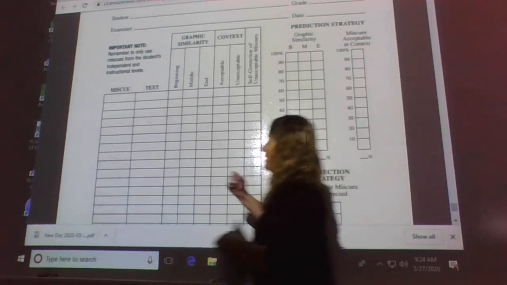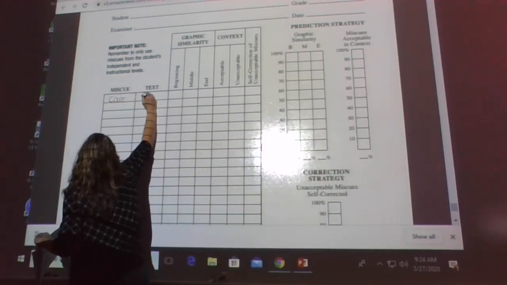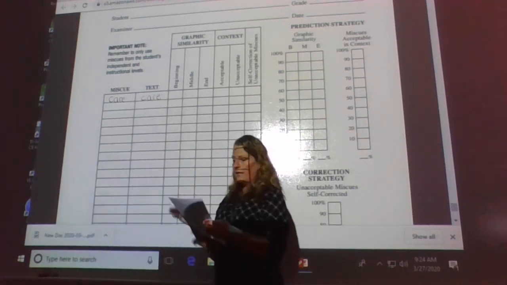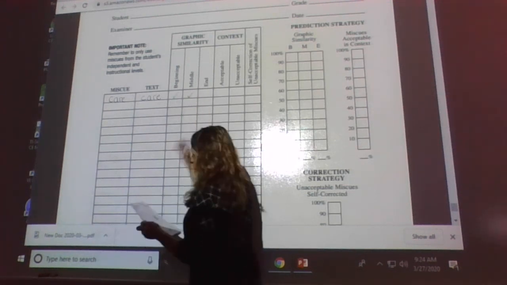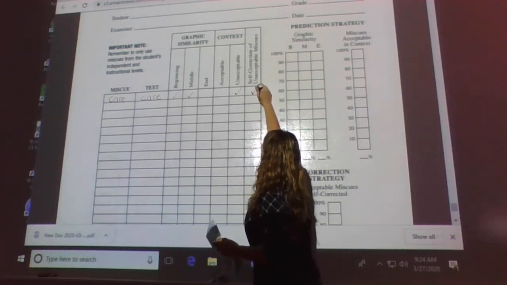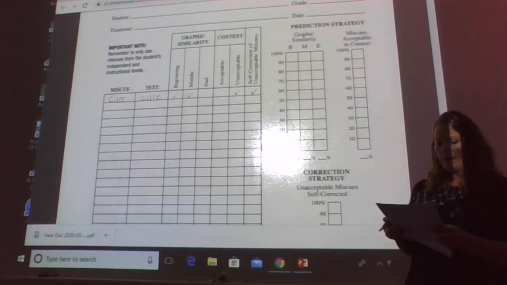But for the first miscue, we put care for car. So you're just putting in what the error was and what the text said. And we know that that looks similar at the beginning and the middle. And it changed the meaning, but he did self-correct it. So we're going to put those check marks in those boxes.